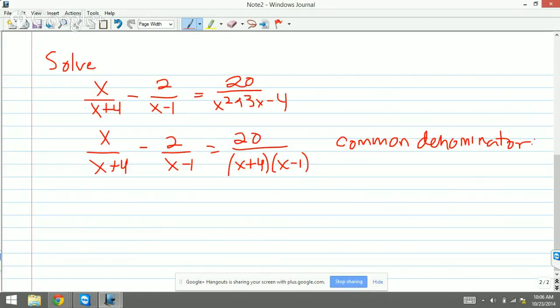So what's my common denominator going to be? Because there's one here, we need an x plus 4. Here we would need an x minus 1. So that's our common denominator.